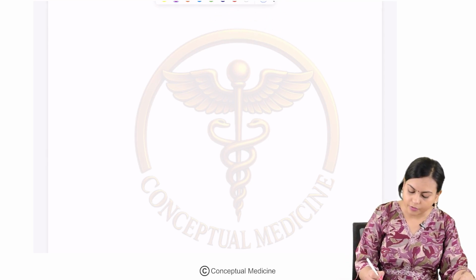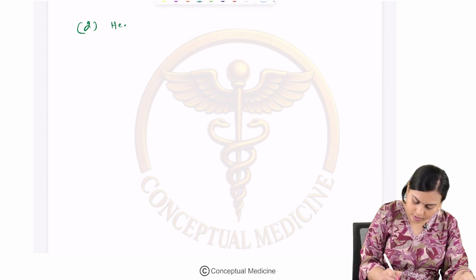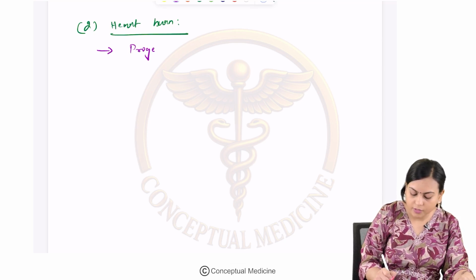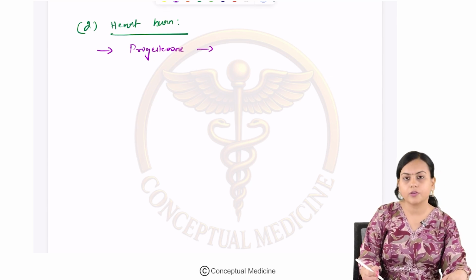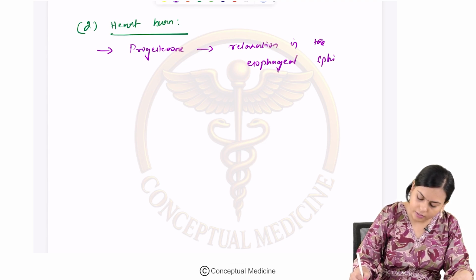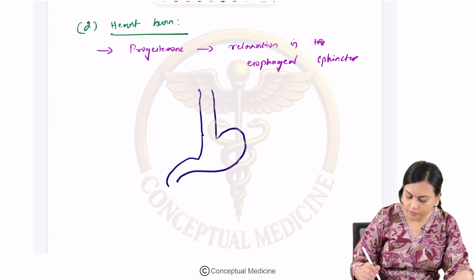Now I want to discuss heartburn in pregnancy. This is another common complaint you will hear. We know the progesterone hormone is high in pregnancy. Progesterone causes relaxation of the esophageal sphincter. For example, this is the esophagus and this is the stomach, and there is a sphincter here.